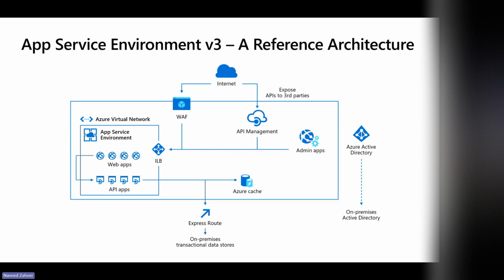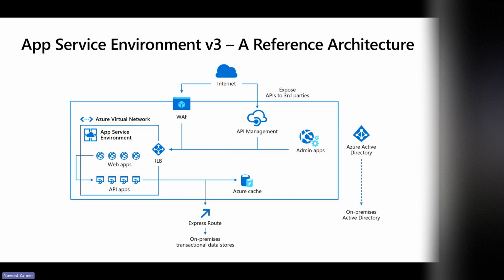Okay, you have web apps, you have API apps deployed into it. Remember, inbound is coming through an ILB. That's how it's accessing those app services. And then you have a web application firewall that may be used for services that are for the consumer, which are coming over the internet, or somebody may be coming over API management.